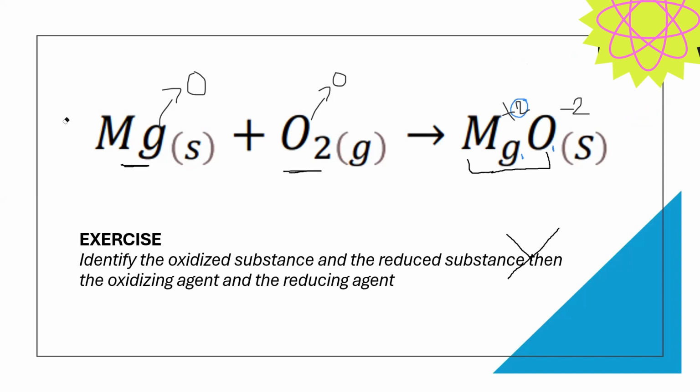So look at it. I will illustrate a scale to comprehend better what is reducing, what is oxidizing, what is oxidized. So look, this is a scale. So the scale goes this way. Let's suppose that we have here -7, okay?